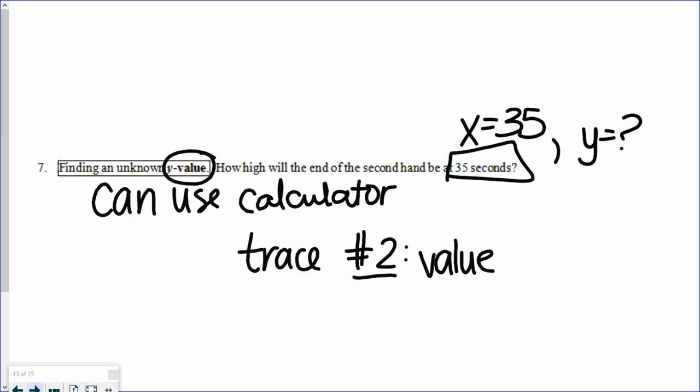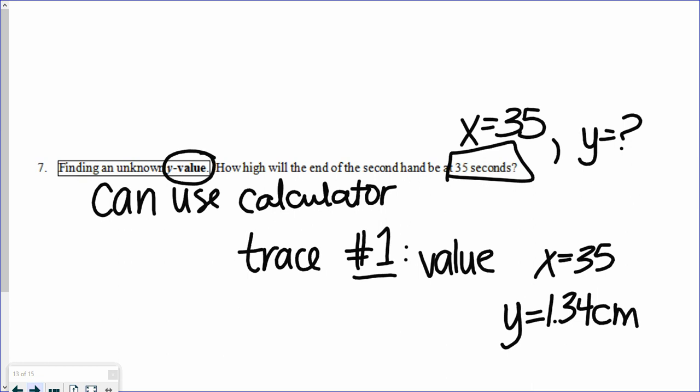Trace number 1, or second calculate number 1. When x is equal to 35, you press enter, and you will get y is equal to 1.34 centimeters. We should have units on it.